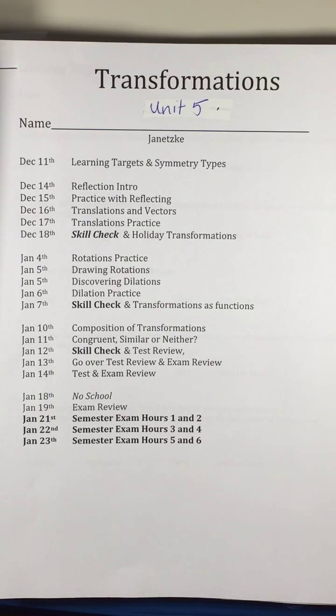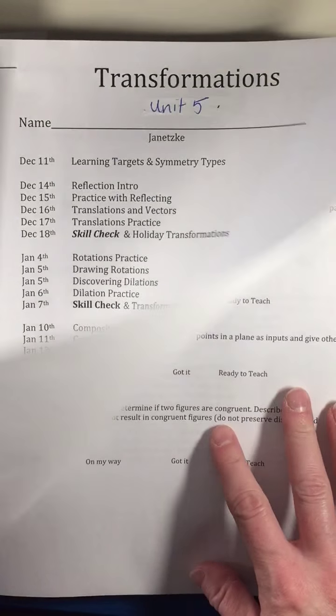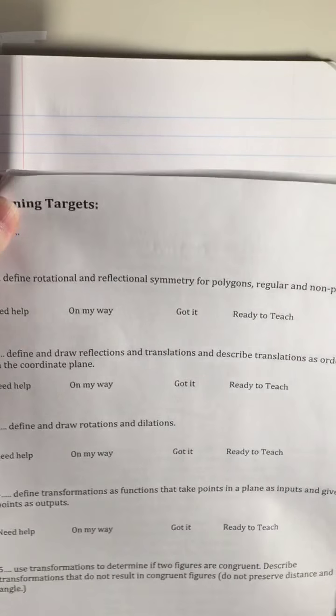So today I want to talk about what a transformation is, and then you guys are going to, in your packet, read about what symmetry is and be able to define each of those. So if you guys could turn your packets to the next page, which is our learning targets.